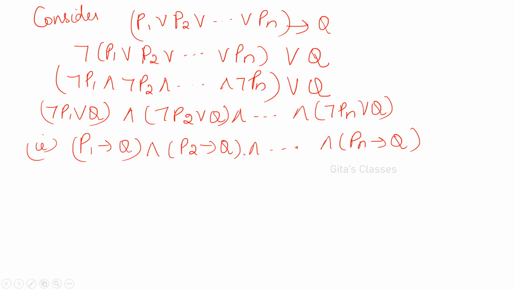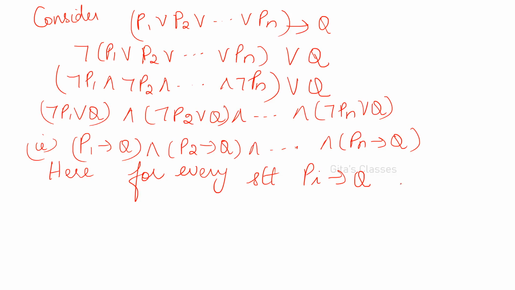All the cases have to be proved. So for every statement, Pi conditional Q is to be proved. This is called proof by cases.